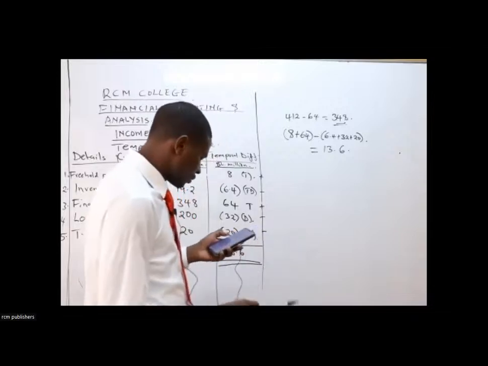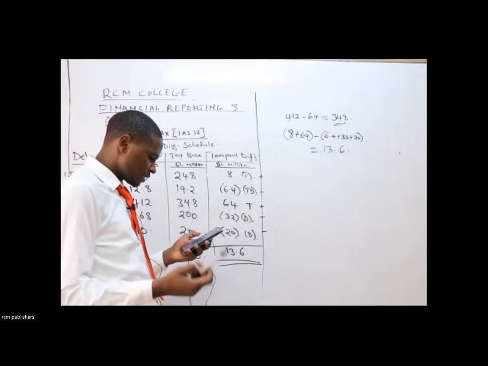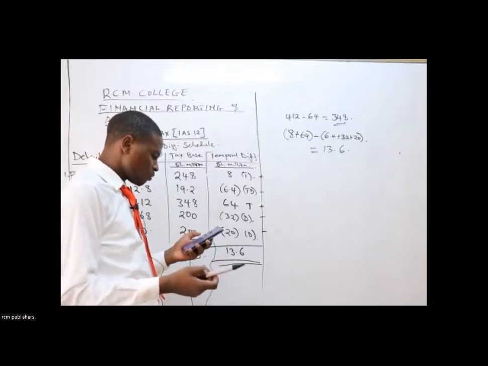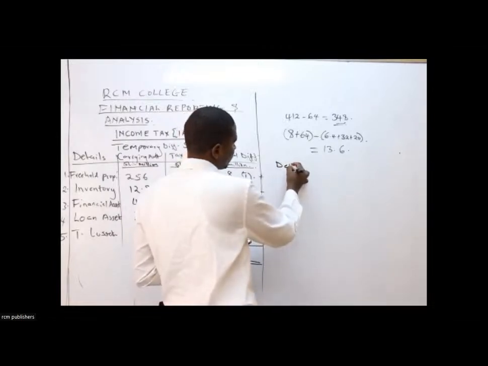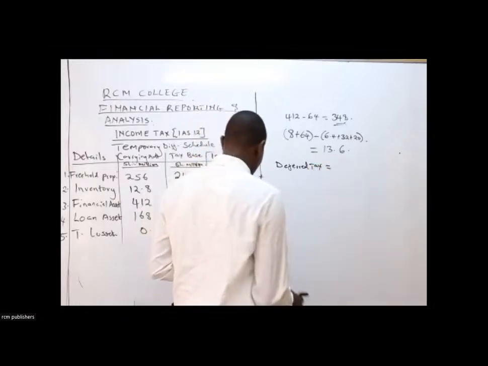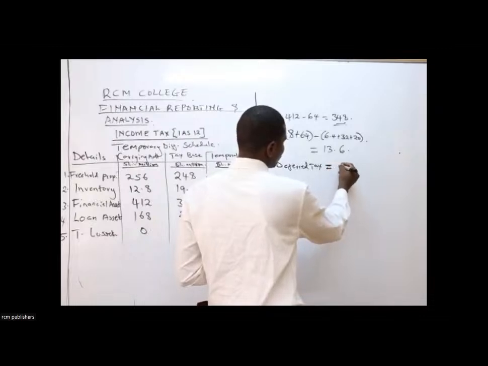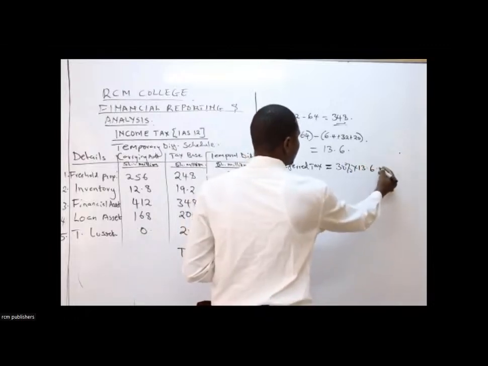Therefore, to get our deferred tax, whatever the examiner wanted, asset or liability, you see, the examiner tells us deferred tax asset or liability. Just take 30% multiplied by what we have here as 13.6. In fact, this is a positive, so deferred tax asset, 30% of 13.6.